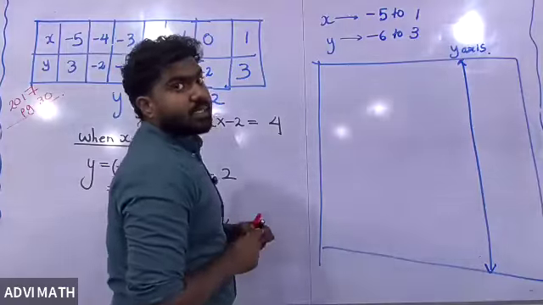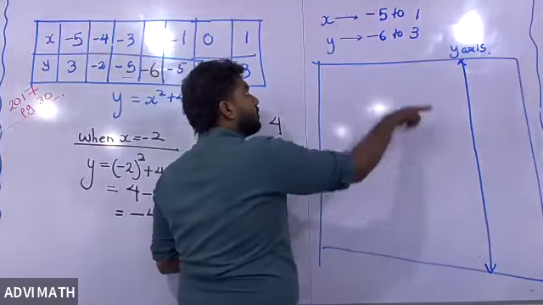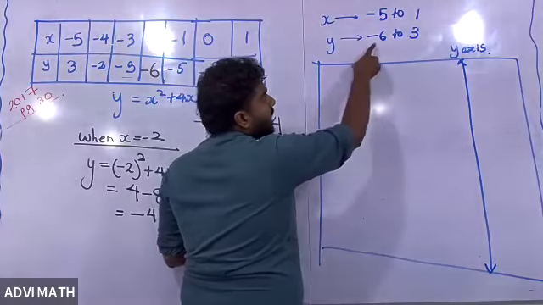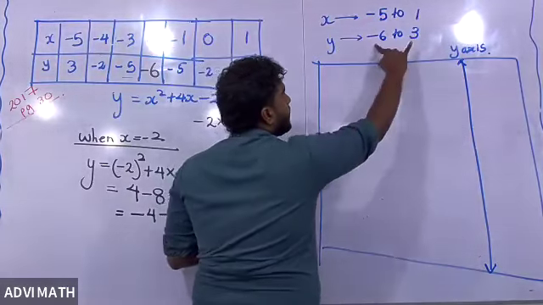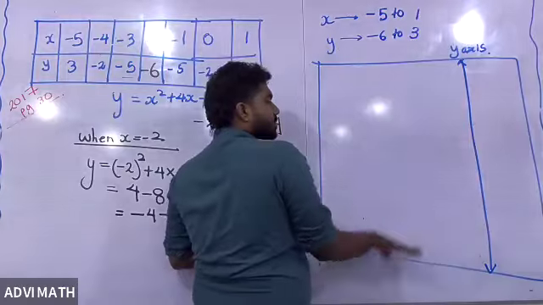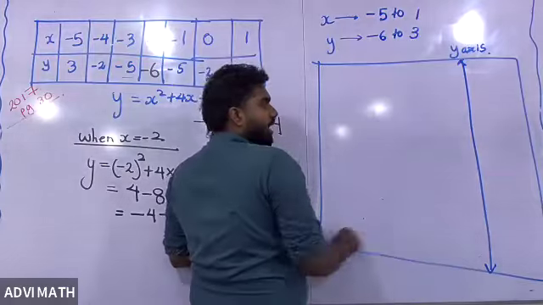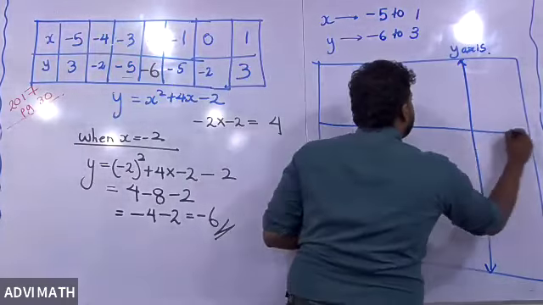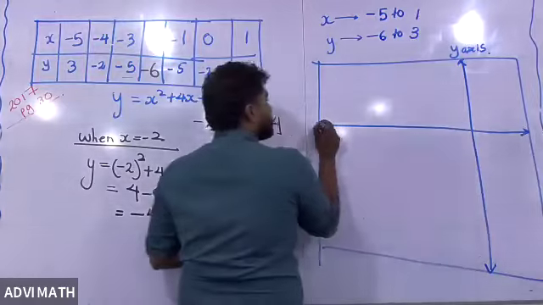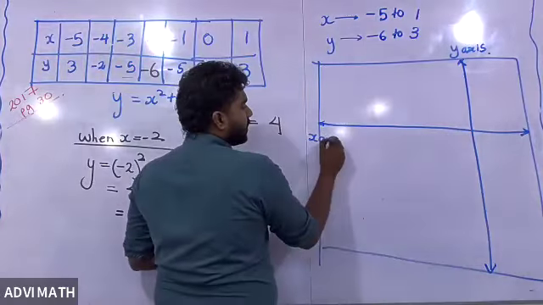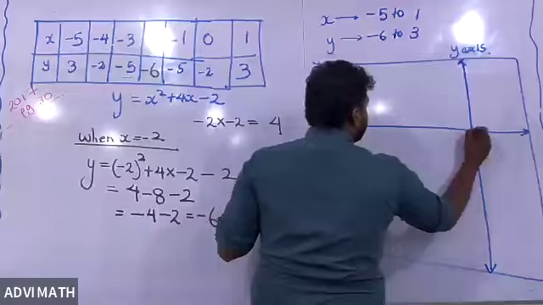Now I need to draw the x-axis. X-axis depends on whom? Y. Now guys, I need more room to the negative numbers or more room to the positive numbers? Negative numbers are below or above? Below. That means I draw the x-axis keeping a little bit more room to the negative numbers. This is my x-axis. Hurry. Now mark your 0.